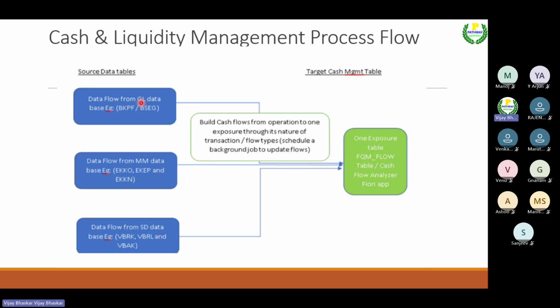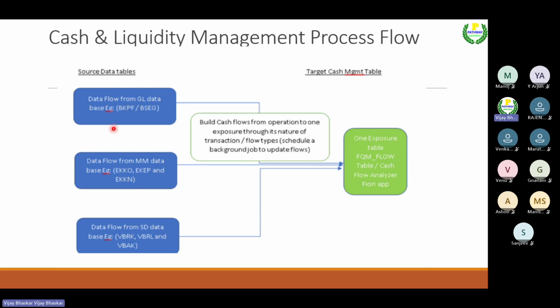Then the cash flow information will be built, from operations to one exposure, through the nature of transactions, flows, flow types, schedule. There are background jobs which bring the data into cash management from the other applications, from the other components.